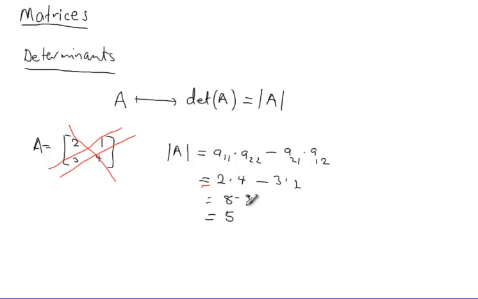Now, this one looks very easy, simple, and straightforward. But when you get to matrices of 3 by 3, which I'm going to do an example of now, you find that there are many ways of approaching that. So let's quickly look at a 3 by 3. For me, that is important to look at now.